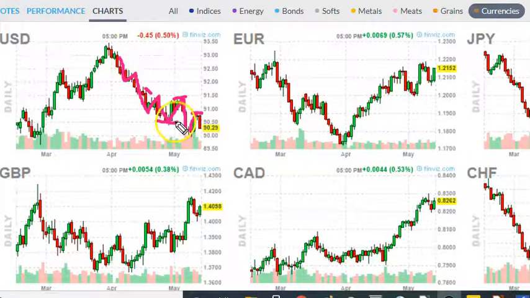And when you see this kind of pattern, guys, it's making a normal progression in a downtrend. So this is kind of a price action definition of a proper downtrend, making lower lows, lower highs, lower lows, lower highs, and so on.